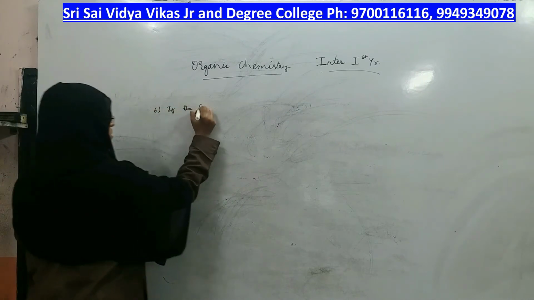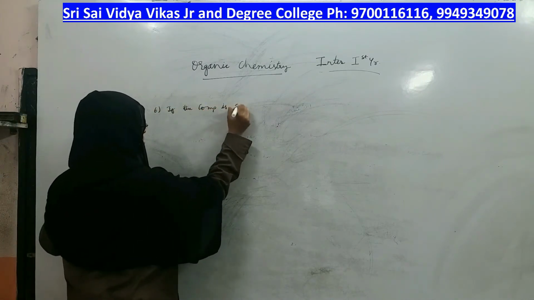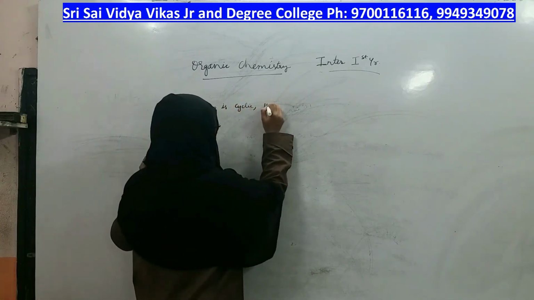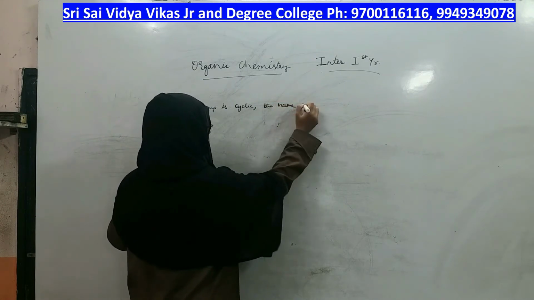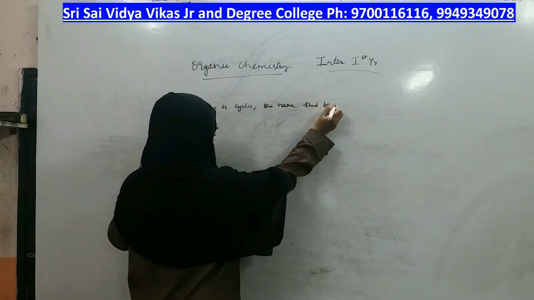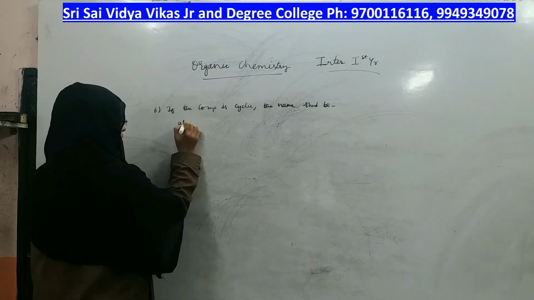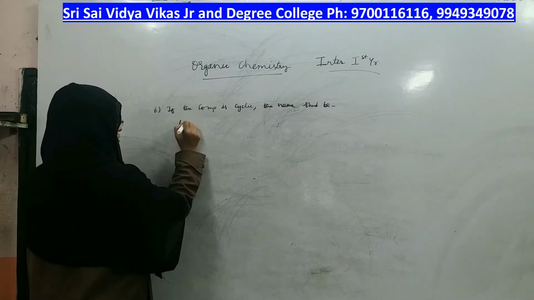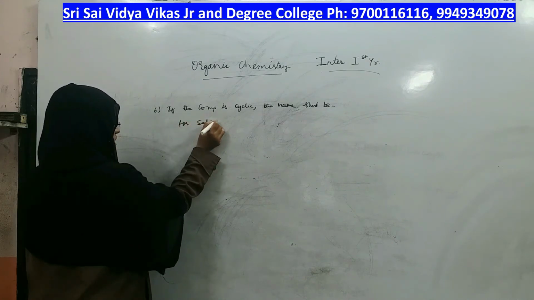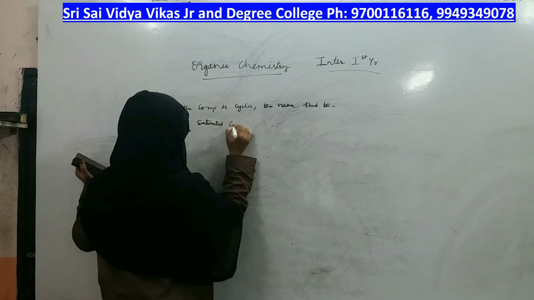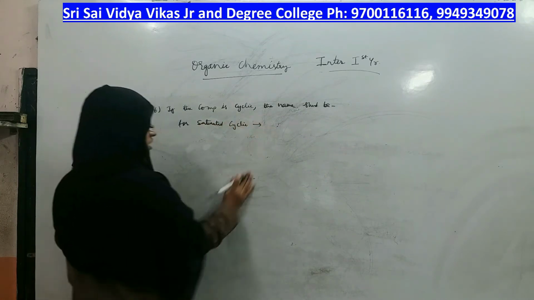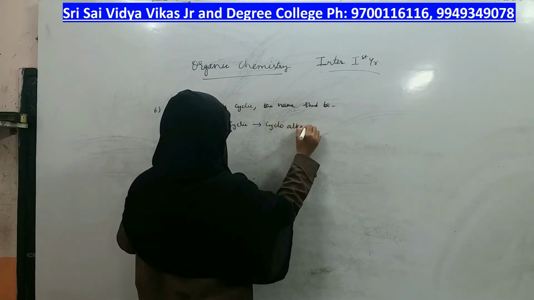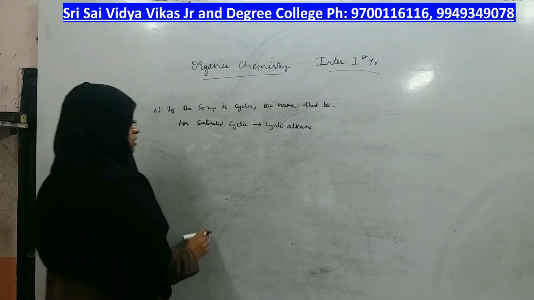If the compound is cyclic, the name should be, for saturated cyclic, cycloalkane. For saturated cyclic, instead of alkane you should use cycloalkane. The root word should be cycloalkane.